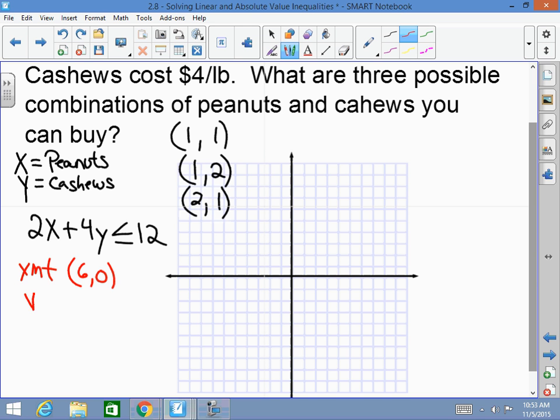When x is 0, my y-intercept is (0, 3), which is exactly what we had before. 1, 2, 3, 4, 5, 6. And again, it is less than, so I shade below, and there it is. Does that make sense? Good catch there.